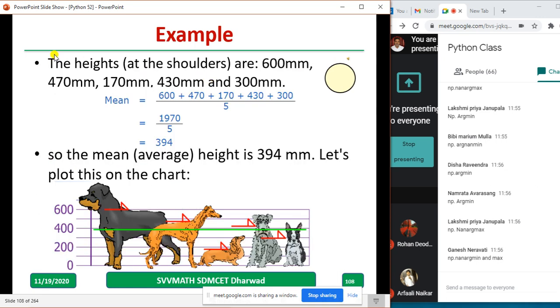The heights are given. How to find the mean? Add all these. How many are there? 5 dogs are there. Divide by 5, you'll get the mean value. So the mean or average height becomes 394 mm. Let's plot this on the chart. Here a line is drawn.